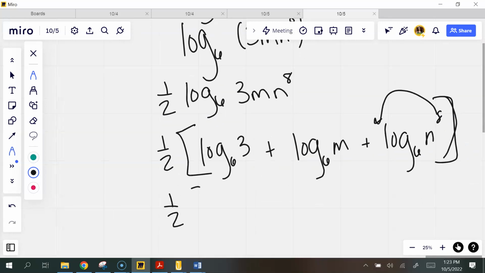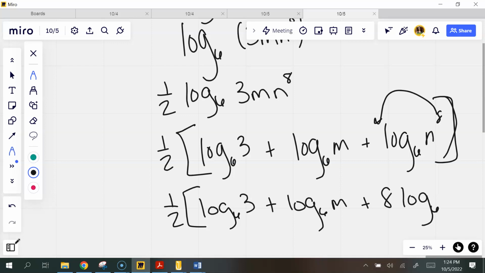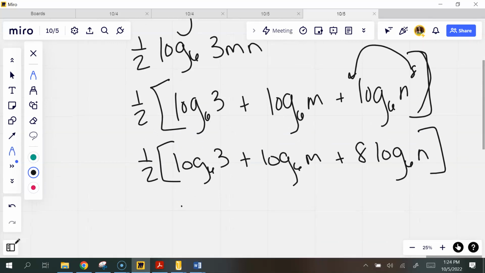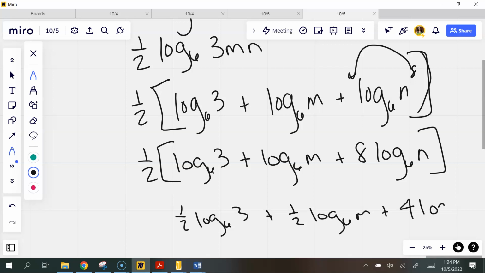So it's 1/2 log base 6 of 3 plus log base 6 of m plus 8 log base 6 of n. And if you have that, that's fine too. Just make sure that 1/2 is going to everybody.